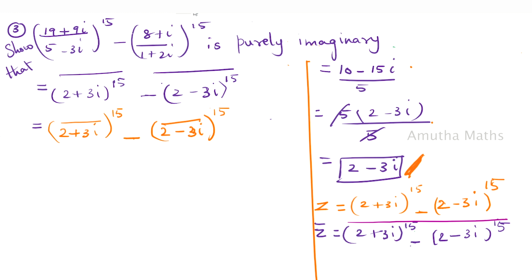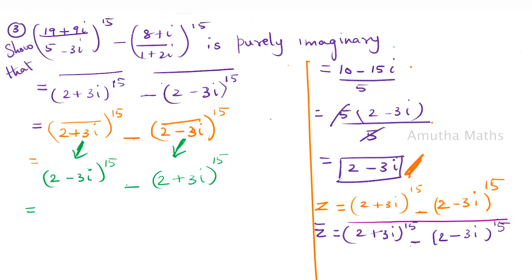Okay. So this is equal to, now what is the conjugate of this one? 2 minus 3i the whole power 15 minus, what is the conjugate of this one? 2 plus 3i the whole power 15.